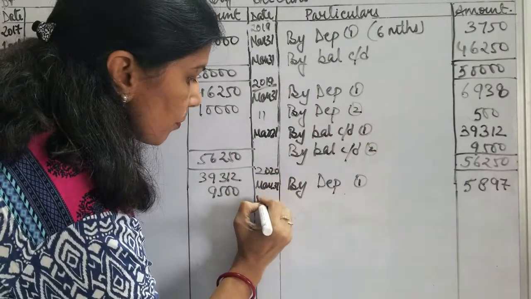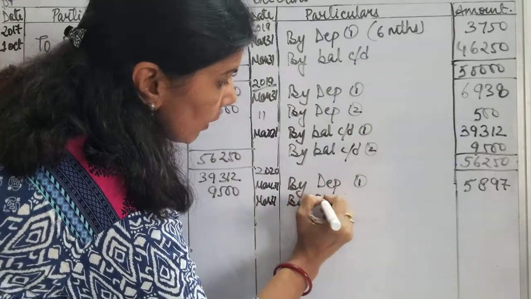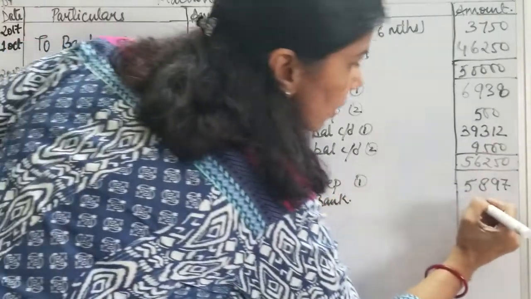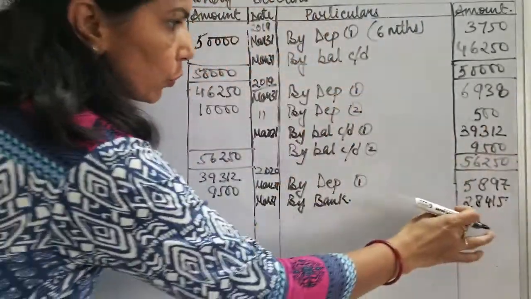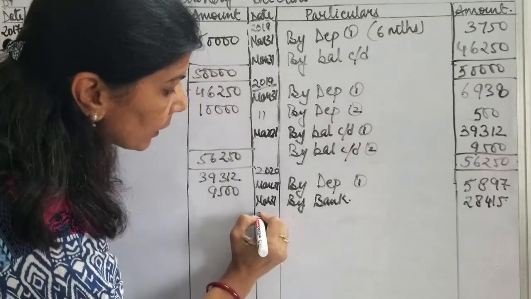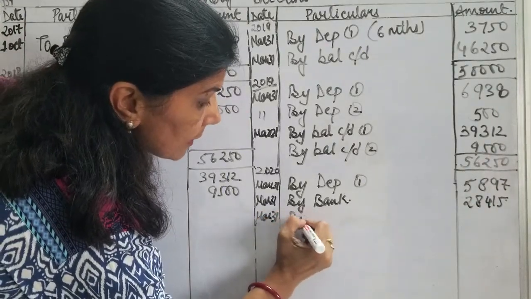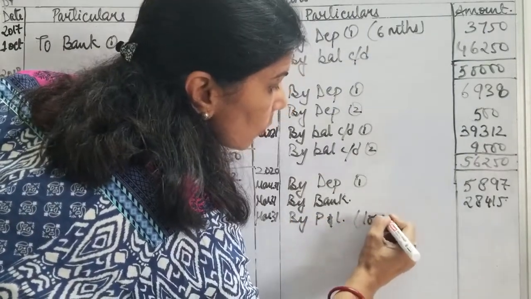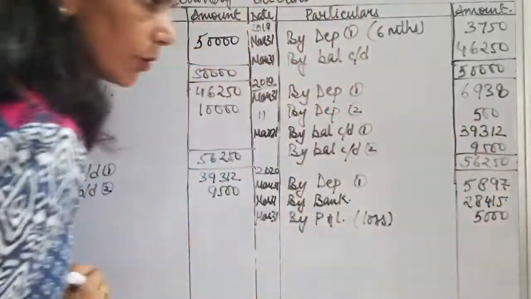So now March 31st, sale proceeds of the machinery will be entered as by bank and the amount was 28,415, right? And the loss on sale of machinery, as clearly given, will be transferred to P&L account. So it is 5,000 as given in the question.